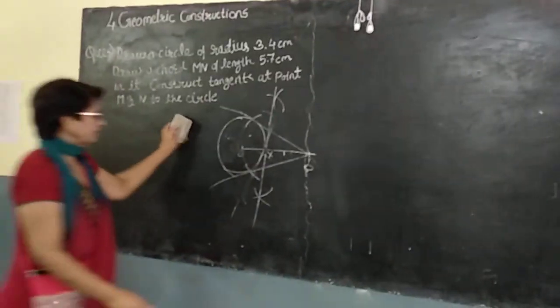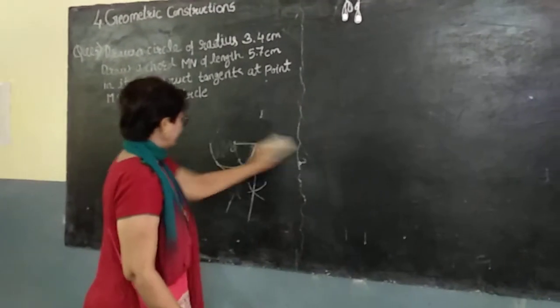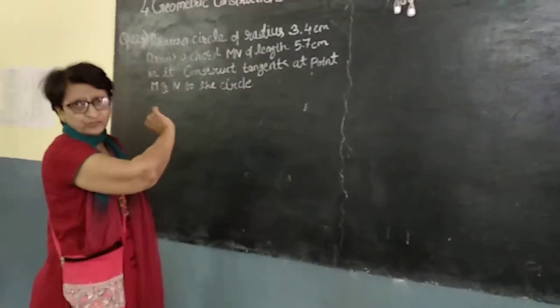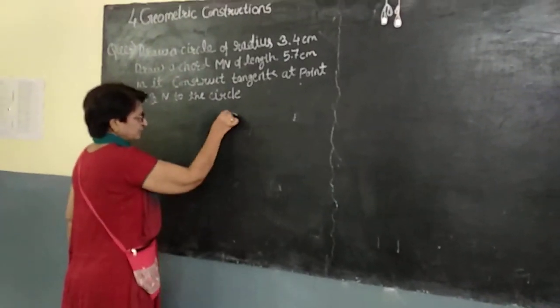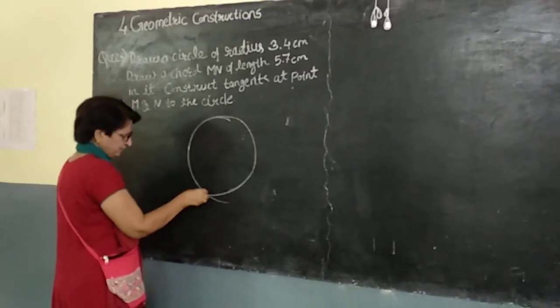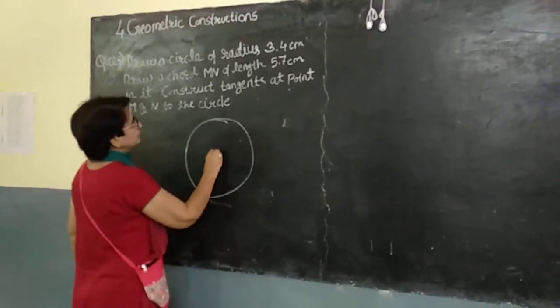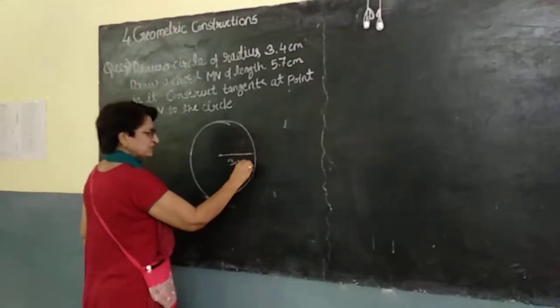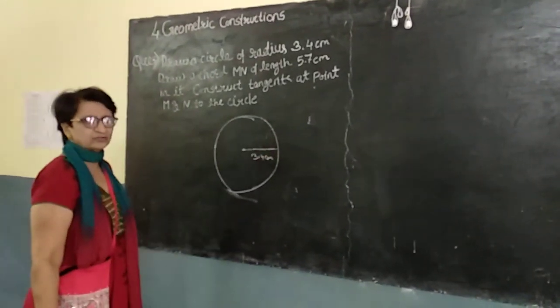Now here in this sum, what they are saying is very simple. Draw a circle of radius 3.4 centimeter. I think class 4 standard students also can draw a circle of radius 3.4 centimeter. You must do these markings to get full marks, otherwise you are not going to get it.